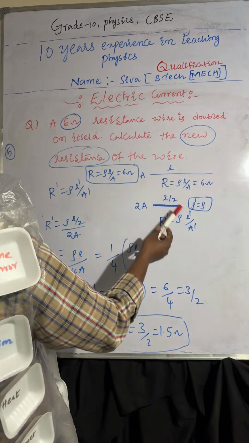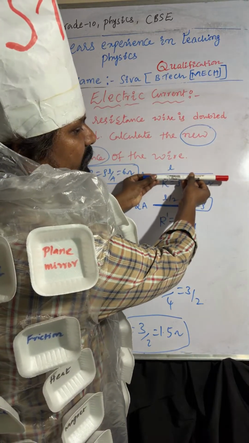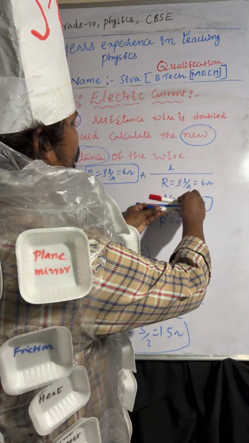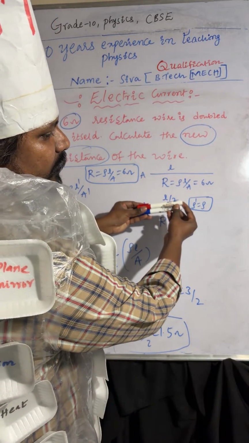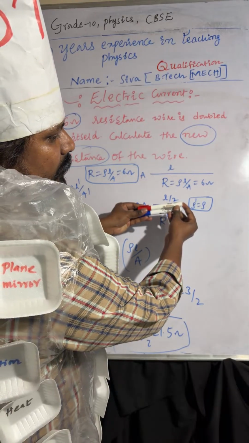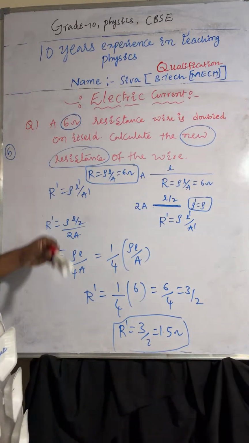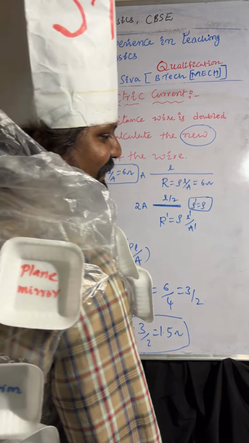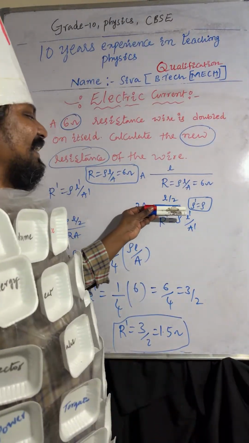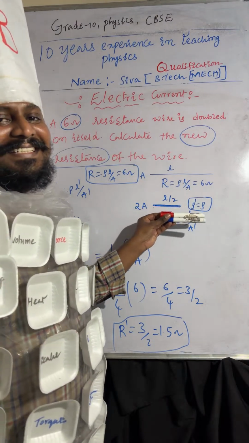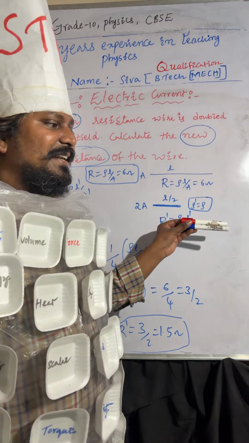If it is doubled on itself like this, the length becomes L by 2 and the area of the cross section is doubled.